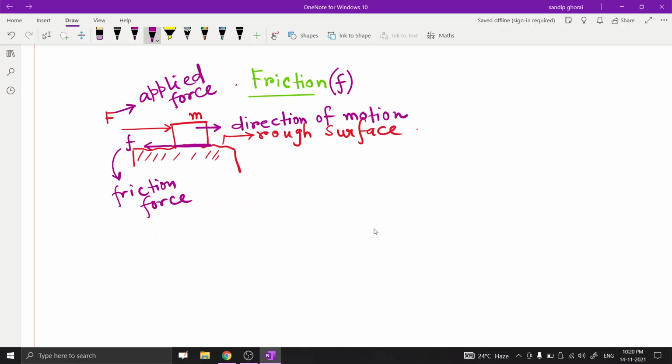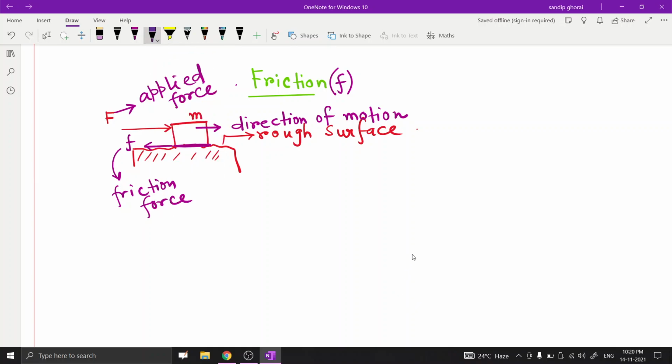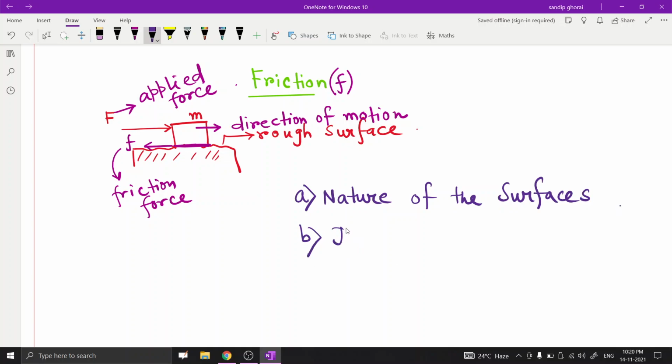Now the question is, on which factors does the friction force depend? We have to remember that friction force depends, first, on the nature of the surfaces, and second, on the weight of the moving body or object.